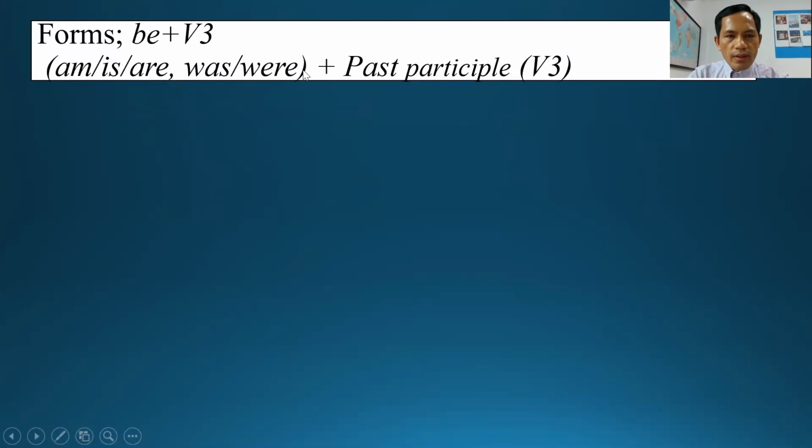So we use be plus verb 3. Verb 3, in other words, we call past participle. Remember, whenever you see a passive sentence, there is always verb to be and verb 3.